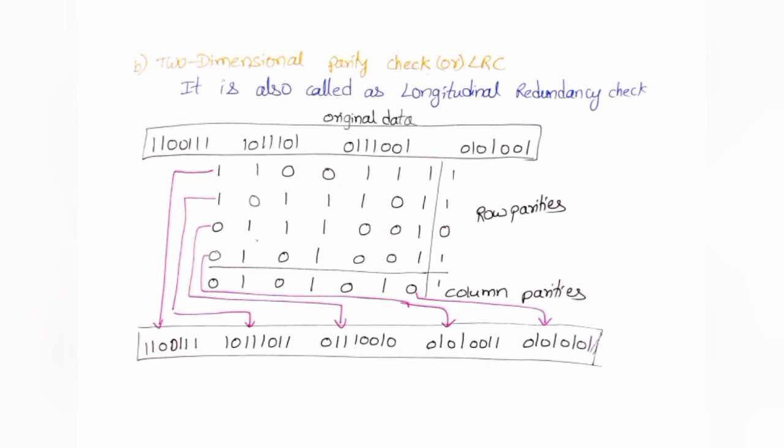Okay, so first we are going to find the parity for the messages in the horizontal manner. So first one, 1 1. We have an odd number of ones in the given message.